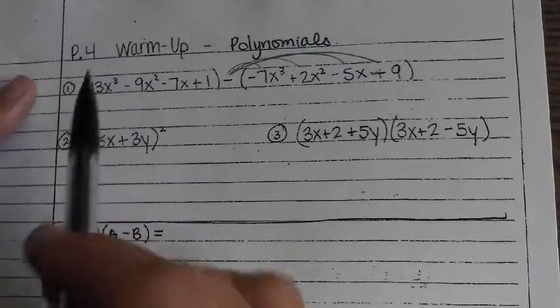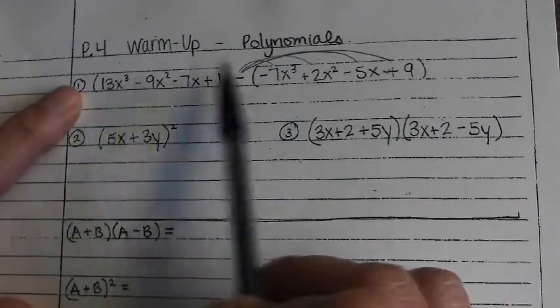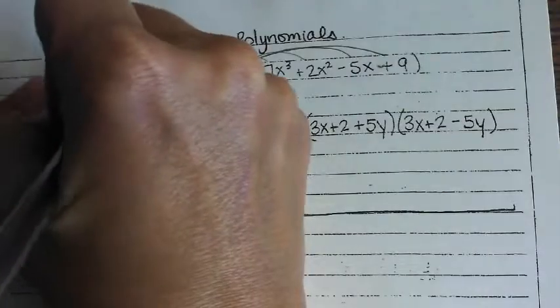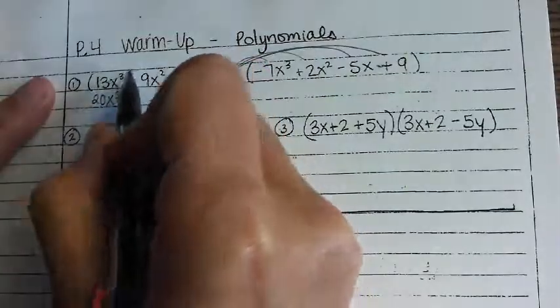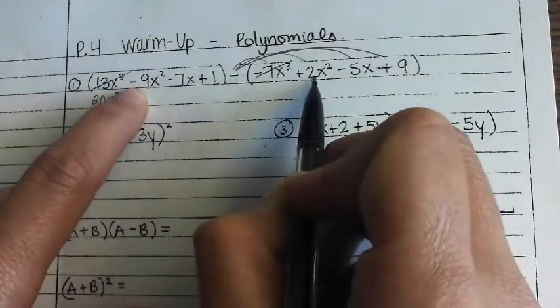As you get more upper level, I think you should start to be able to just think through it. 13 minus negative 7 is 13 plus 7, so it's a 20. Negative 9 minus a 2 will be a negative 11.